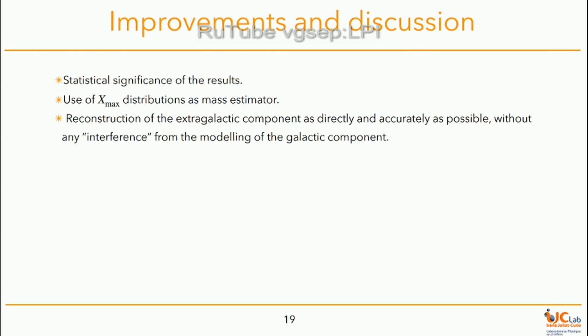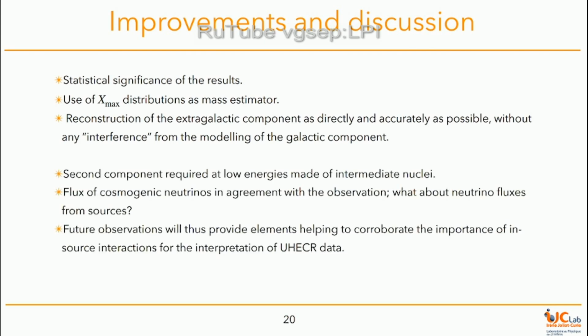In addition, what we get looking at this measurement is the fact that our data strongly doesn't like an iron component. In this region, we expect to have the transition between galactic and extragalactic cosmic rays. And if we assume an electromagnetic mechanism, one should expect that the end of the galactic spectrum should be made of iron.